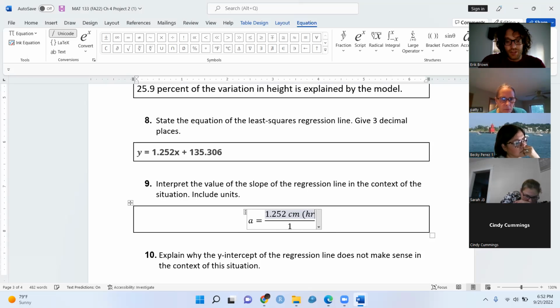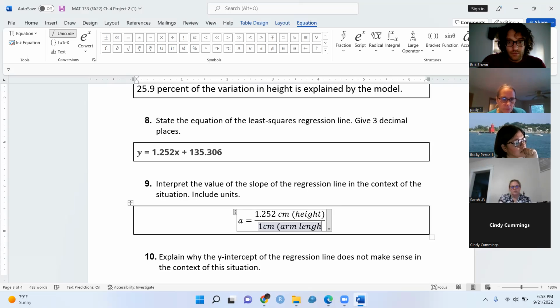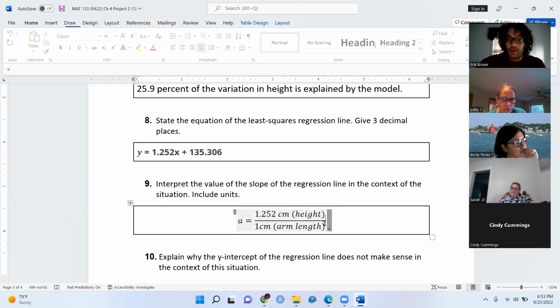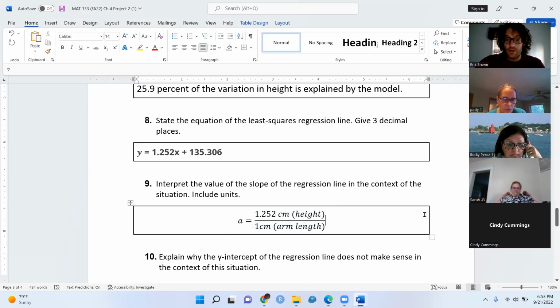And the bottom number is always a 1, because StatCrunch always gives you slope as not a fraction. So we know it's always a 1. That's centimeters of arm length. Now when we interpret, if you keep track of those units, you're ready to go.